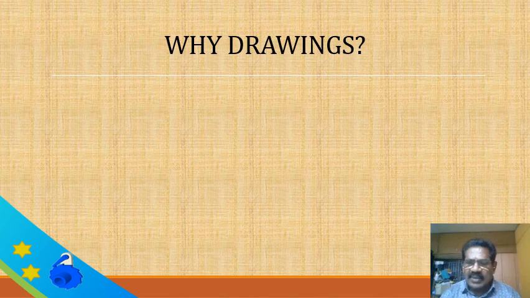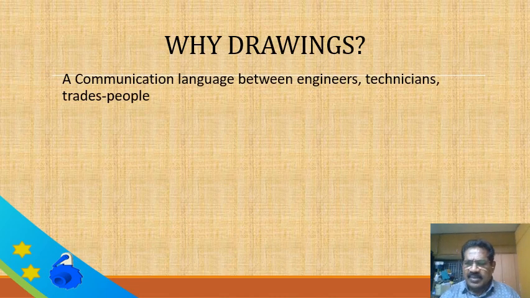Why are drawings required? It is one way of communicating between the engineers, technicians, and the tradespeople. The guy who designs and the machinist who makes it must understand the same language, and that is the drawing language.